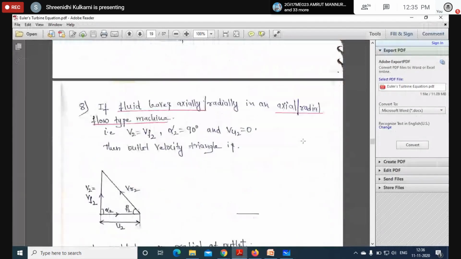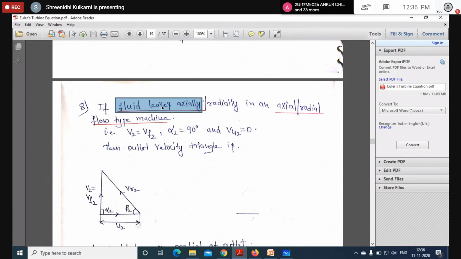Next, if the fluid leaves axially or radially. Once again I will discuss it the same way. Fluid leaves, you just tell with respect to velocity.